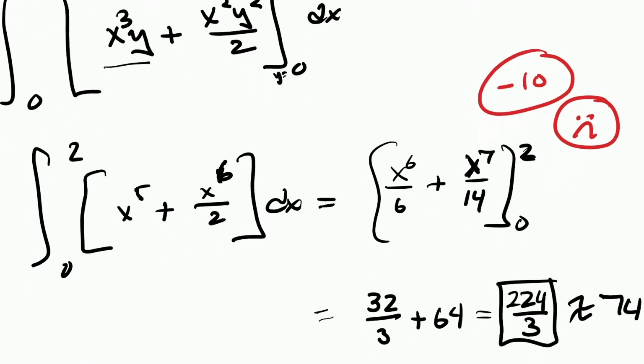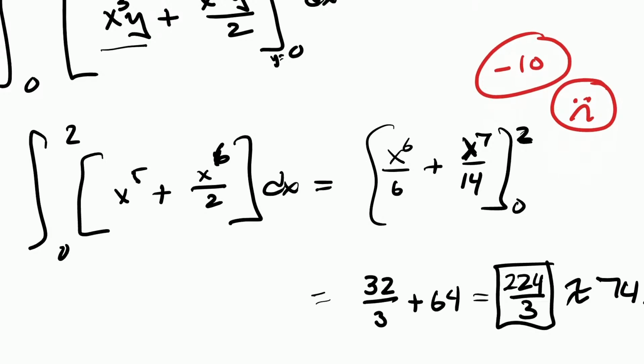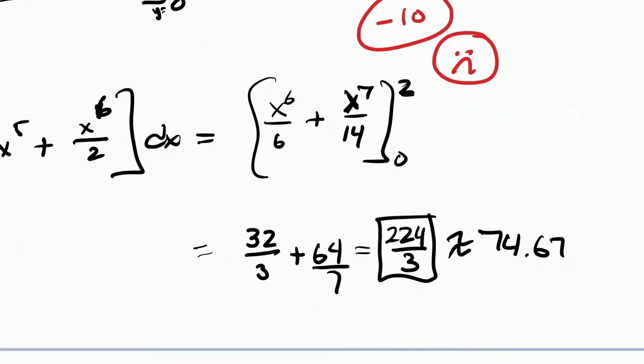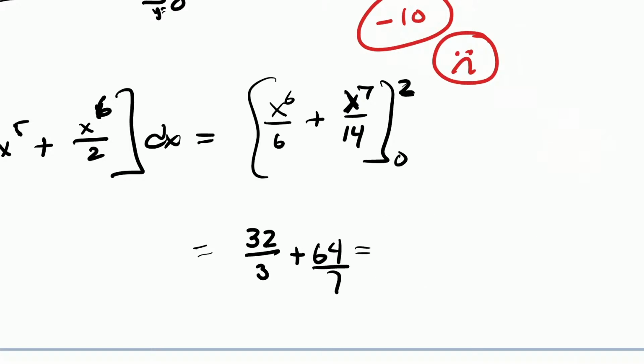Let me fix the rest of this though. So instead of having 64, it should be 64 over 7. So that should be over 7, and this is no longer correct. Let me get rid of this. So let's see, this is going to be 21sts. So 21, so 7 times 32 plus 3 times 64, whatever that is.